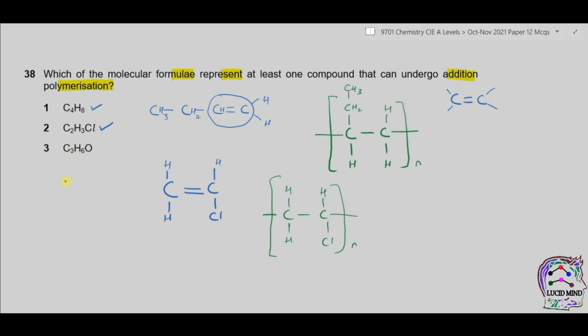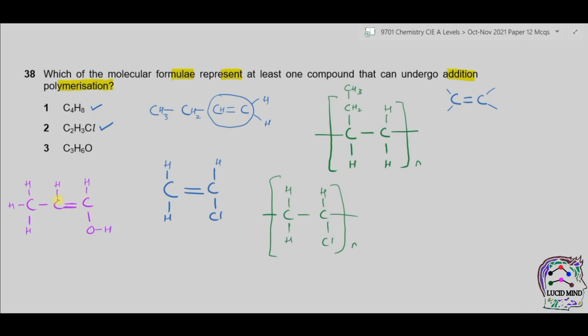Let's look into the third one. We have 3 carbon atoms, 6 hydrogen atoms, 1 oxygen atom. There could be a double bond between these 2 carbons.